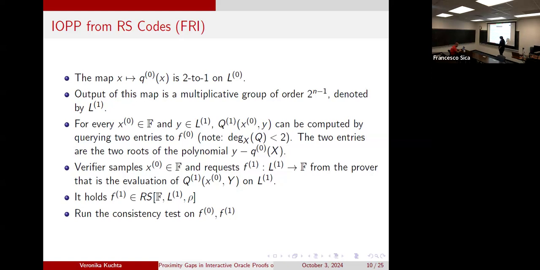So in the next step, the verifier would sample x0 and request from the prover to give him new polynomials, f1.